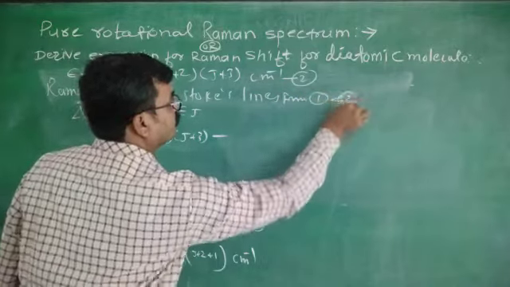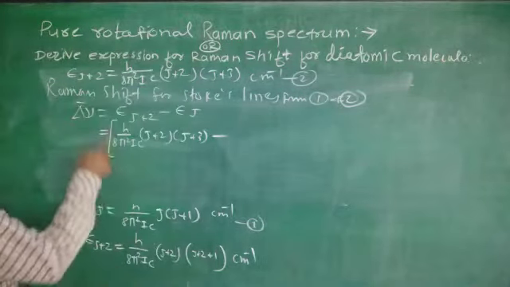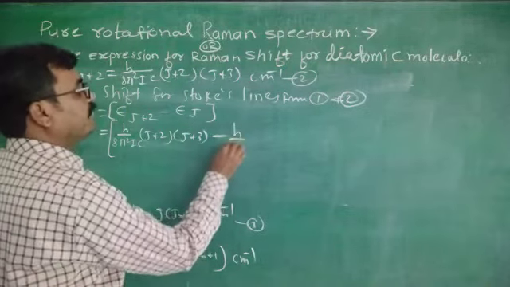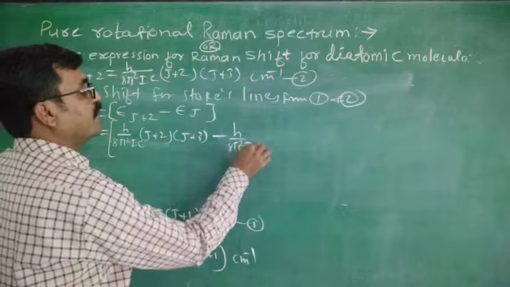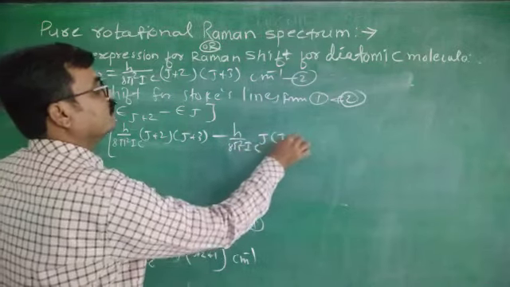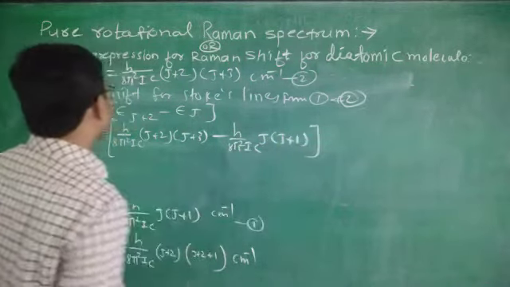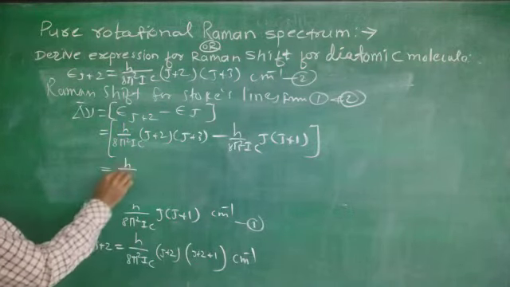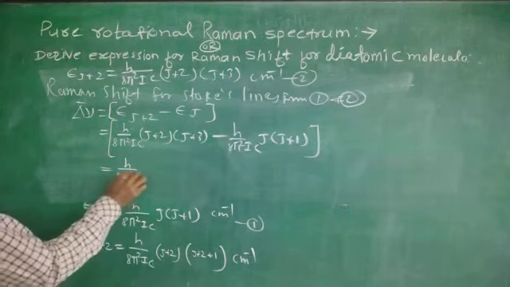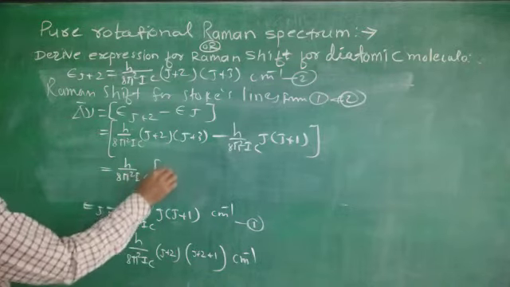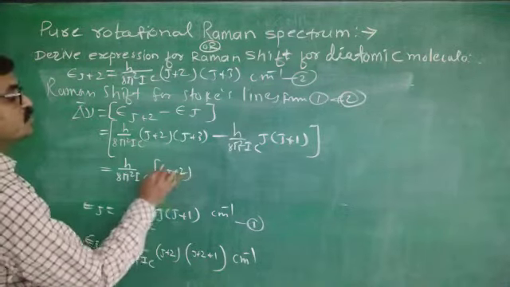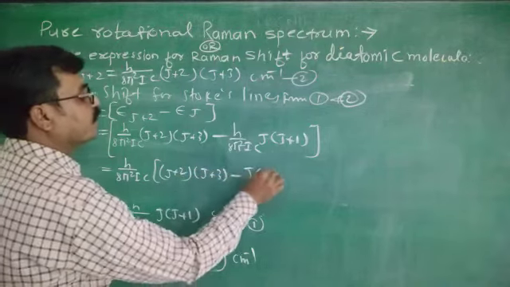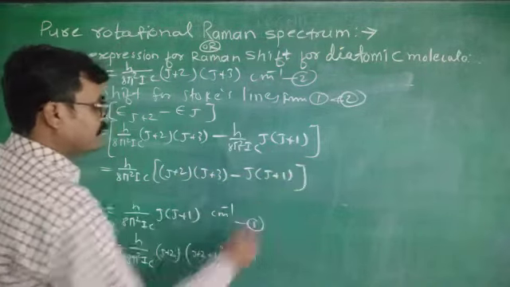After putting the value, it will be h upon 8 pi square Ic, j into j plus 1. Now after solving this, h upon 8 pi square Ic is common, then it will be j plus 2 into j plus 3 minus j into j plus 1.